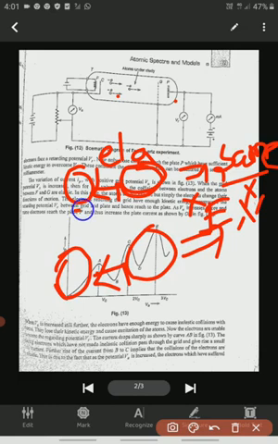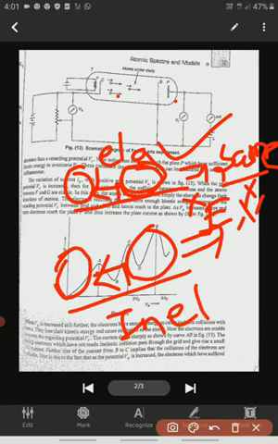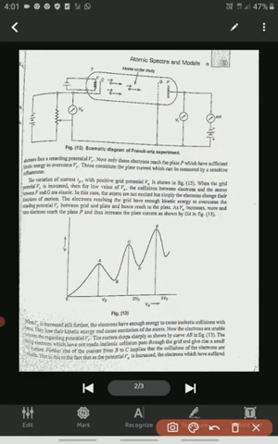In the case of elastic collision, the energy is not lost. But in the case of inelastic collision, the energy is lost. Collisions are like accidents. In inelastic collisions, the energy is lost.